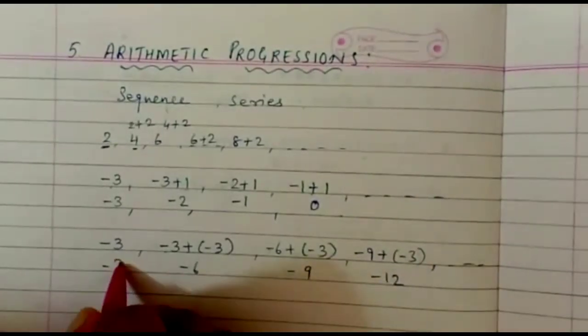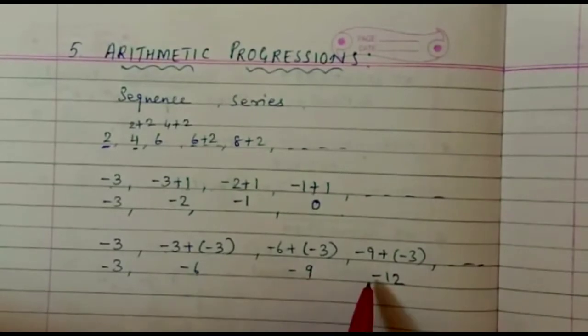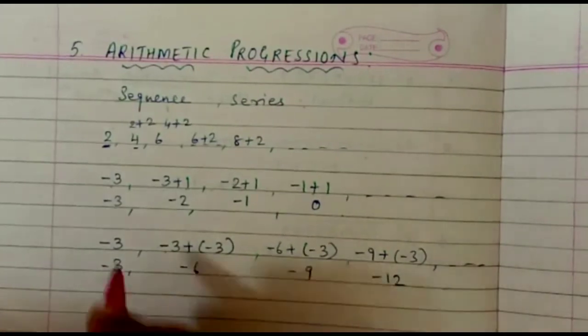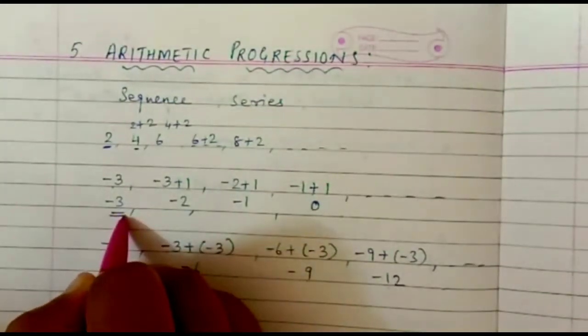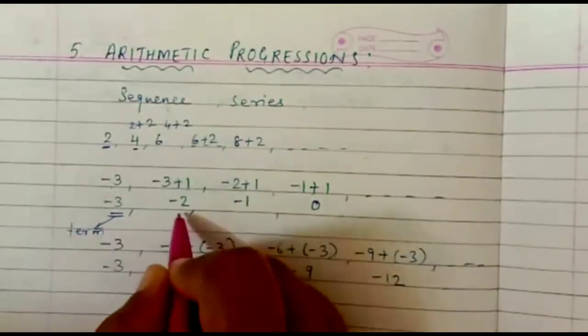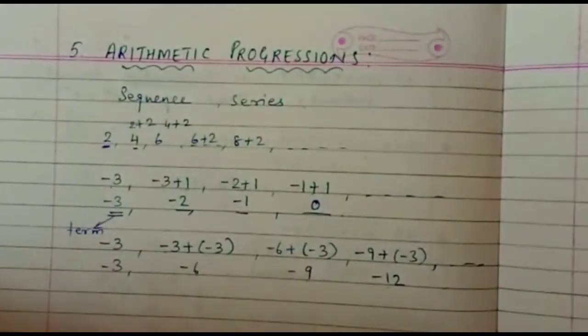So the sequence is minus 3, minus 6, minus 9, minus 12 and so on. This kind of sequence is also called an arithmetic progression, and each number is called a term. For example, this is the first term, second term, third term, fourth term.